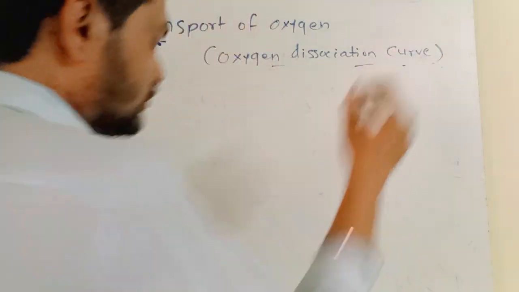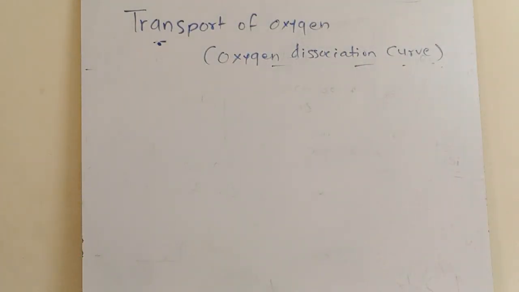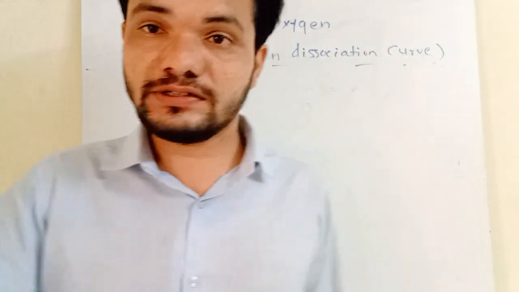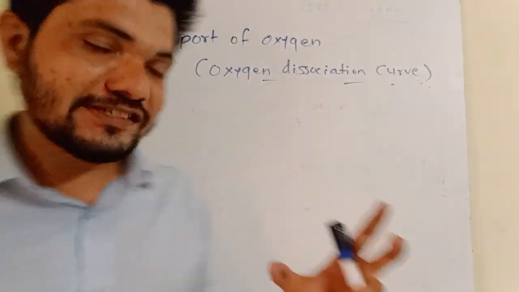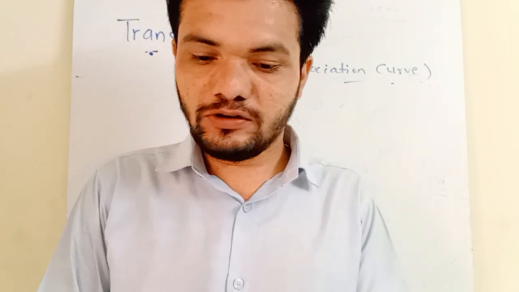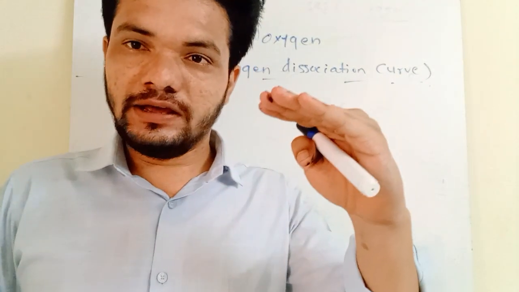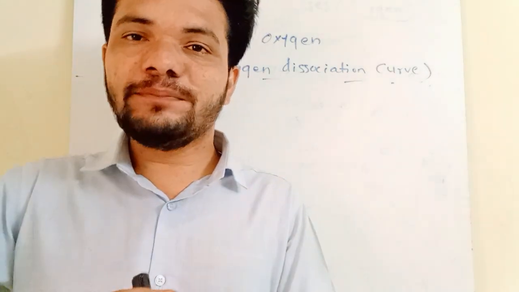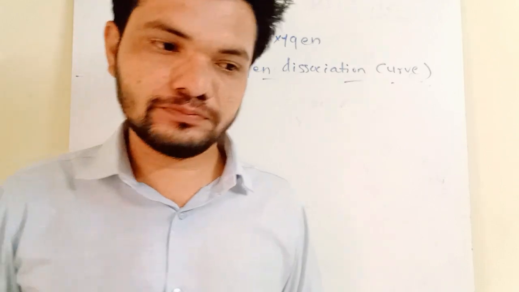So we all know the favorable conditions for oxygen binding: PO2 should be high, PCO2 should be low, temperature should be low, hydrogen ion concentration should be low.